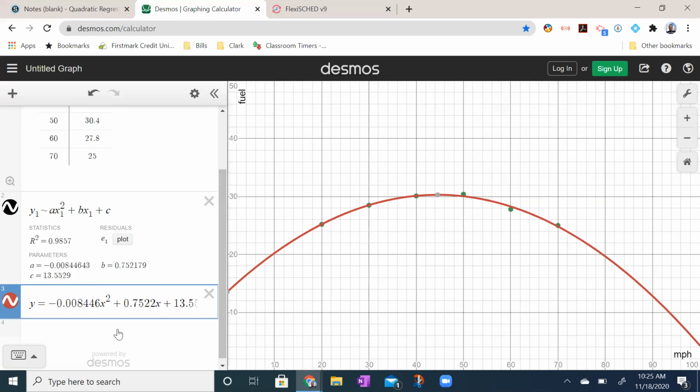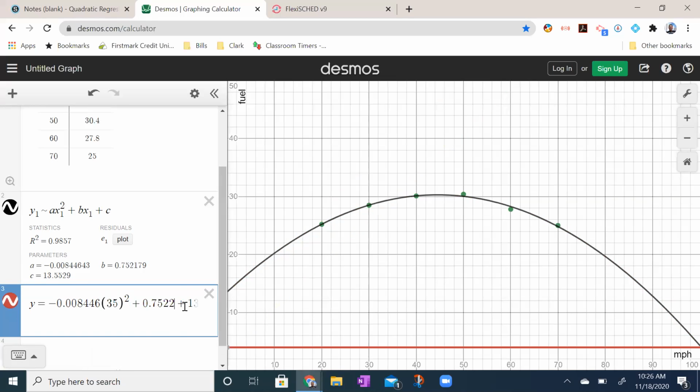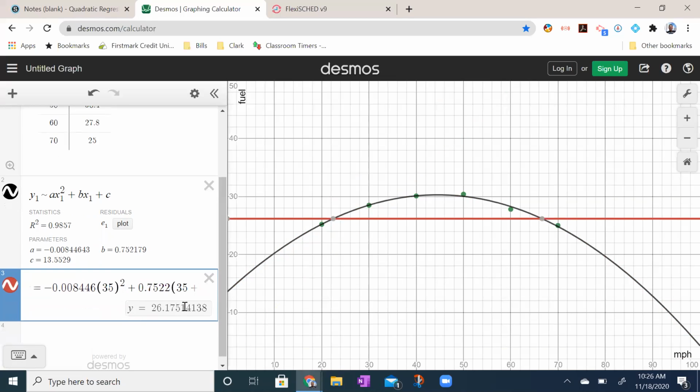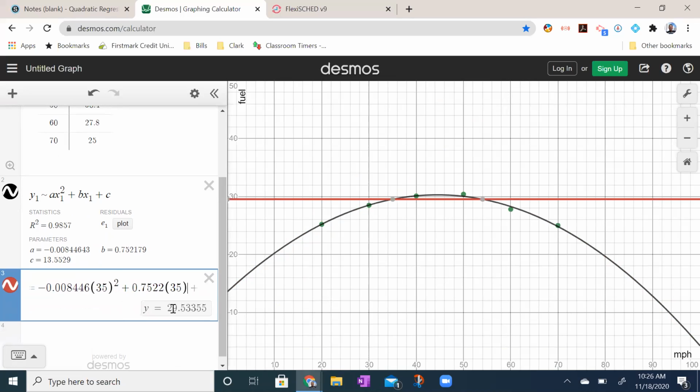So let's see, what is the question asking? There's our equation of best fit. We'll write that down or choose that option from the homework. Predict the fuel economy for a car traveling 35 miles per hour. So I'm going to replace the x with 35, in both places, and our fuel economy is going to be about 29.5.